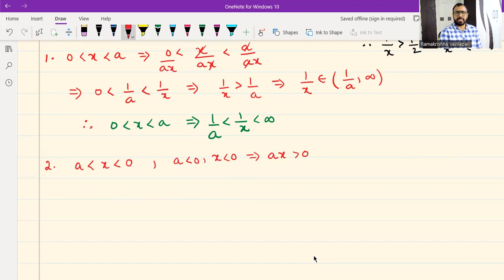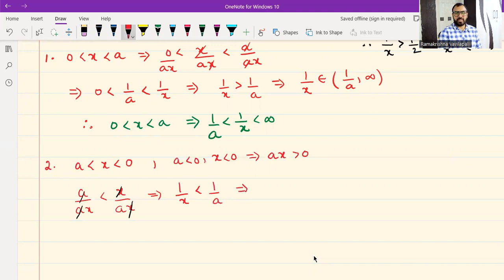Now divide this inequality by ax. a by ax less than x by ax. This implies the inequality will not change because we are dividing by a positive quantity. Here a cancels and here x cancels. This implies 1 by x less than 1 by a.